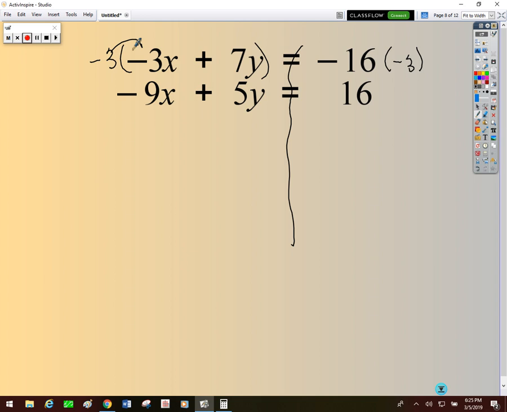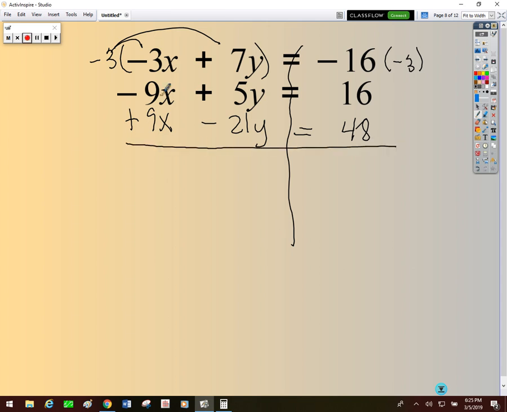So we're going to distribute here. Negative 3 times negative 3 is plus 9x. Negative 3 times positive 7 is negative 21y. And then negative 6 times negative 3 is a positive 48. All right, so now we can cross out.